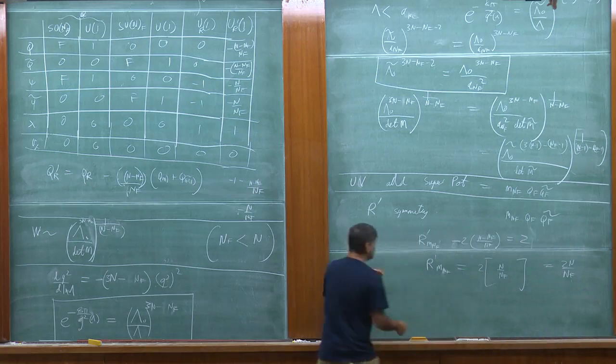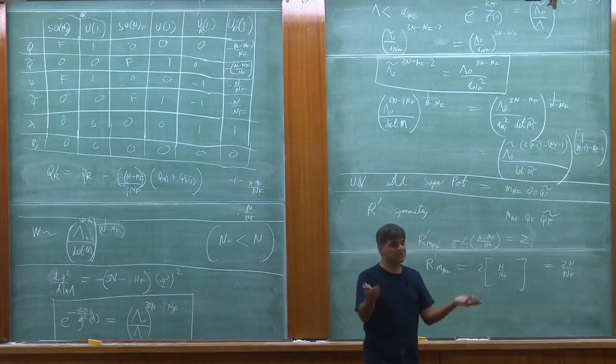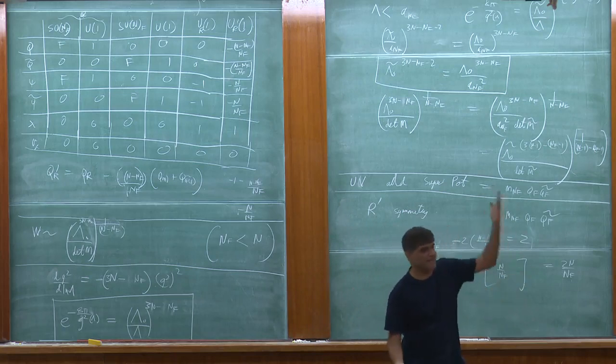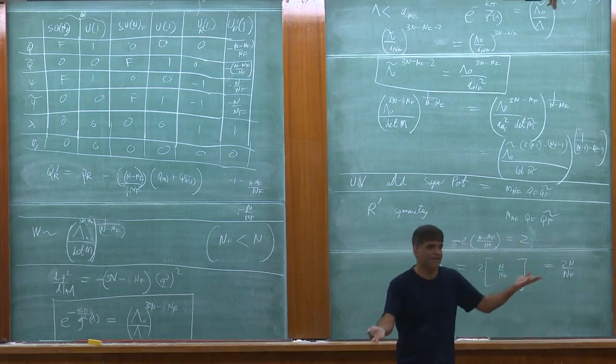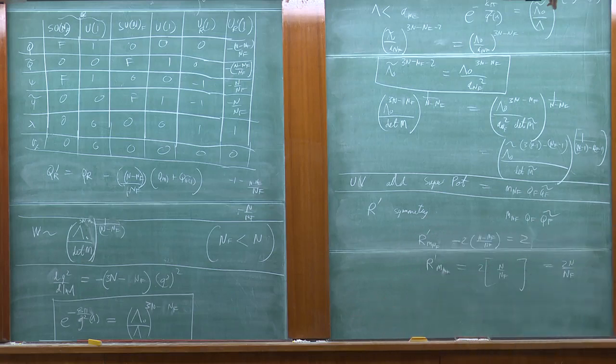It can depend on the Q's that are not NF, but only in the combination determinant of those Q's. Same argument as last lecture. Anything that preserves SU(N) from the left and SU(N) from the right, the only way to make that is a determinant. Is this clear?